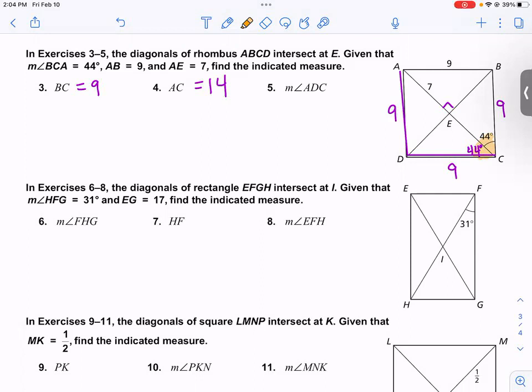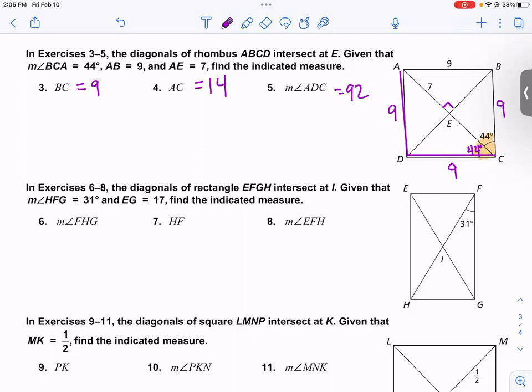Either we look at this as a right triangle to help us, or we look at this as a parallelogram and consecutive angles are supplementary. So if this is 88, this is 92. How does that make sense? What is it asking for? This. Oh, I thought it was asking for ADE.